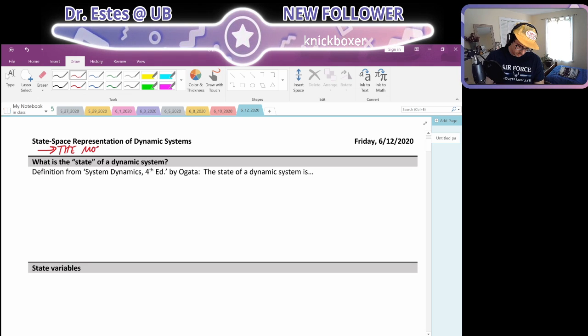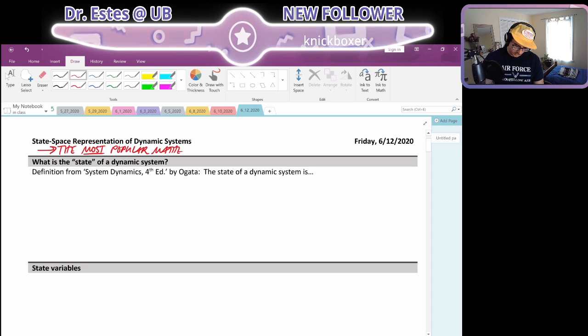The most popular mathematical representation of a dynamic system.